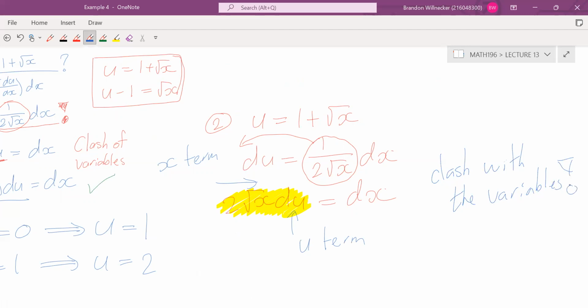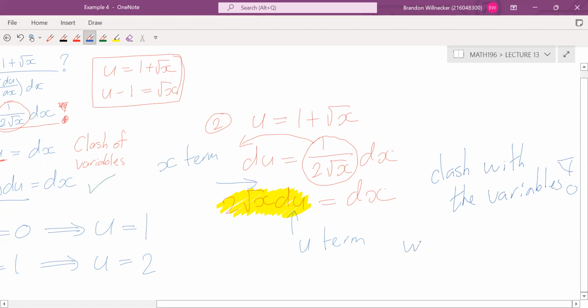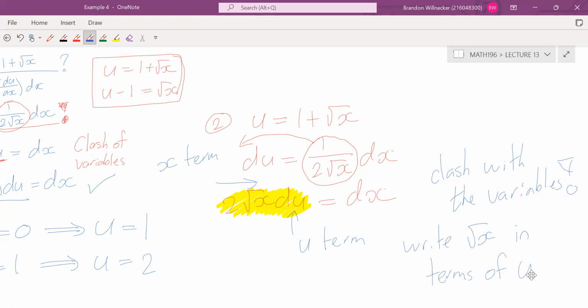So we need to try and fix that. So what we need to do is we want to write root x in terms of u. That will fix everything, because if we can write root x in terms of u, then the left-hand side will be only u variables, and the right-hand side will only be x, which is what we want.